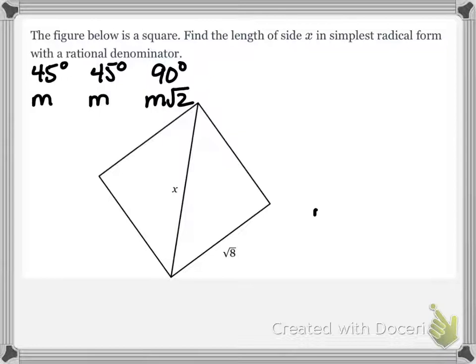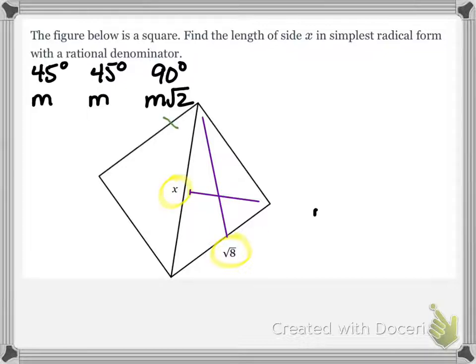Now, here we go. Our x and our square root of 8 are across from what? Well, our x is across from this angle, and our square root of 8 is across from this angle. Well, we know that squares all have 90-degree angles. So let's say my x is across from a 90-degree angle, that's for sure.